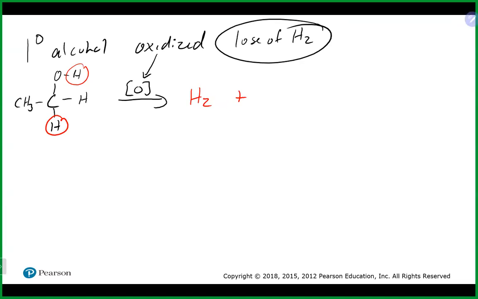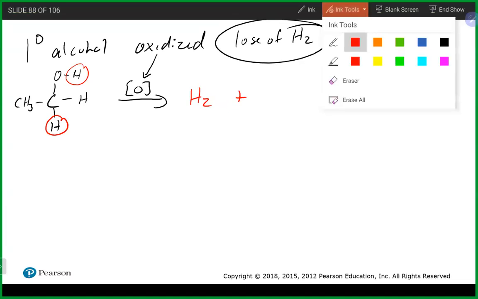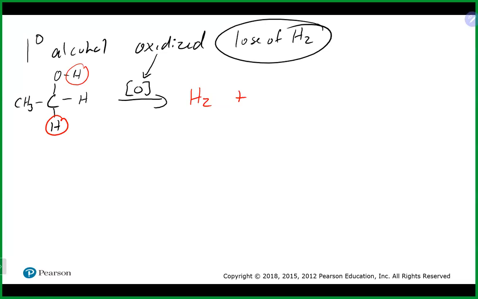Everything will be exactly the same, which means I'm going to copy what's there on the left, except for the hydrogens. So I should have a CH3, a C, an O, and an H. So I got rid of my two H's, one from the OH, one from the carbon that's attached to the OH. I drew everything exactly the same, except I have a little problem here.